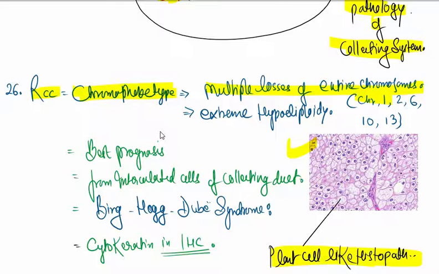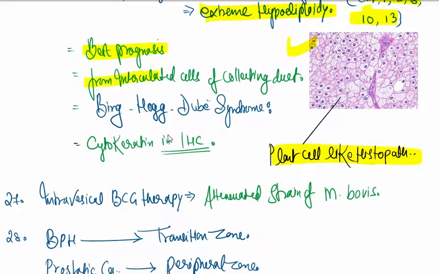But it has the best prognosis among all RCC, and it originates from intercalated cells of the collecting duct. It is also associated with Birt-Hogg-Dubé syndrome. And in immunohistochemistry, cytokeratin is positive.